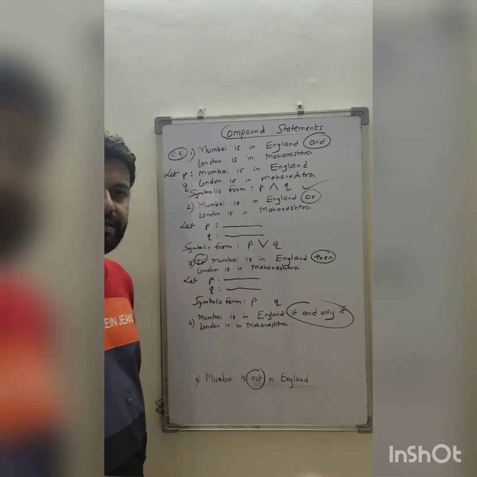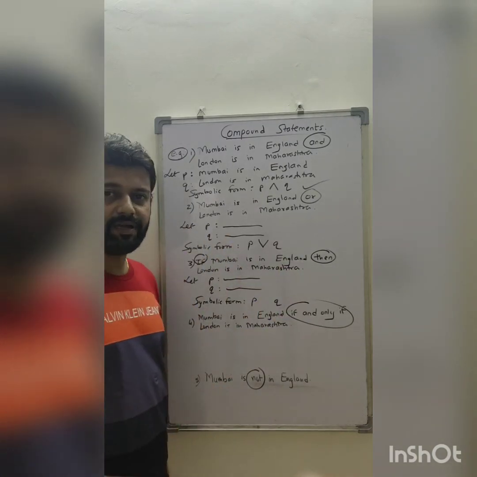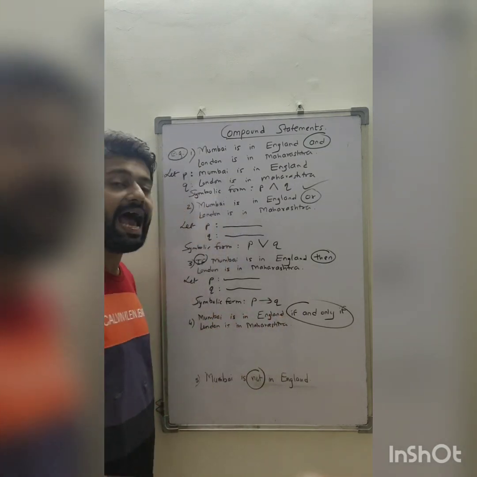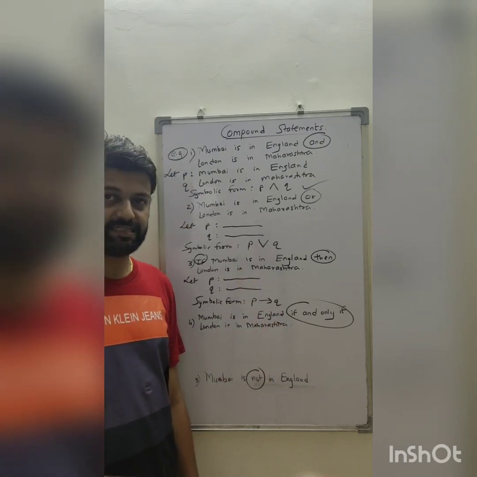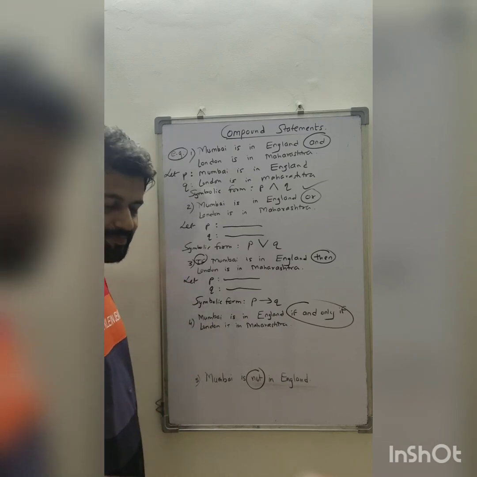If then is a connective. The symbol of this connective in mathematical logic is this arrow. This arrow is read as implies.